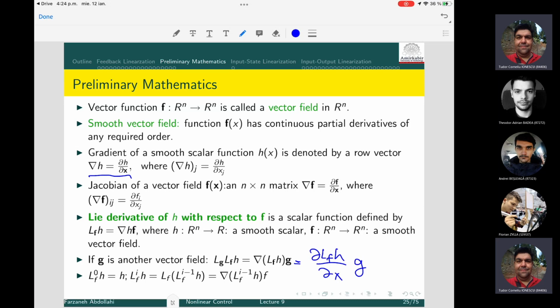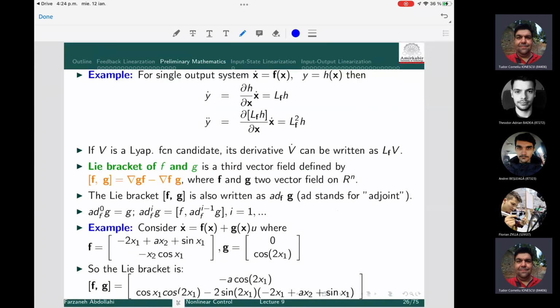L_f^0 h is h itself, okay? L_f^i h is L_f of L_f^(i-1) h, so we can do this i times. These are just a bunch of notions.